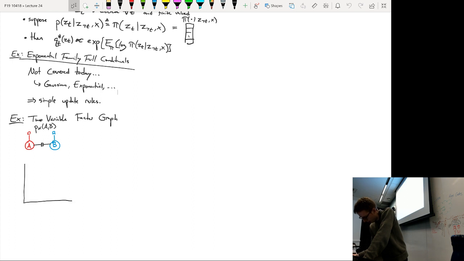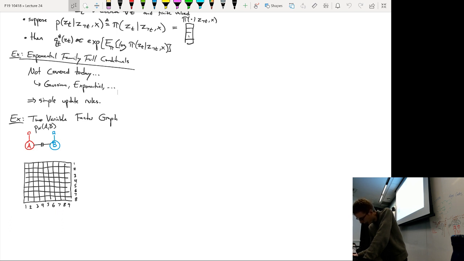Our true distribution is going to look like a little grid over the possible values that A and B could take on. Let's say there's 9 different values that A can take on, and 1, 2, 3, 4, 5, 6, 7, 8 different values that B can take on.